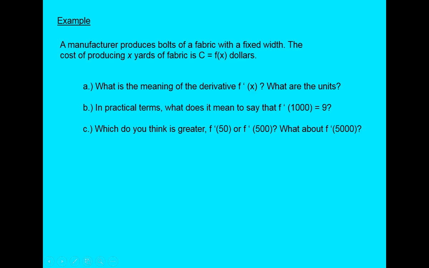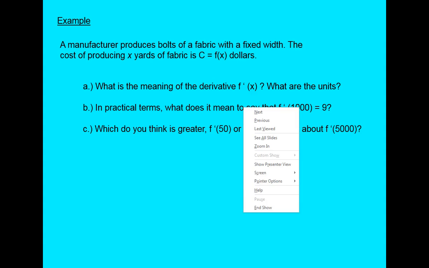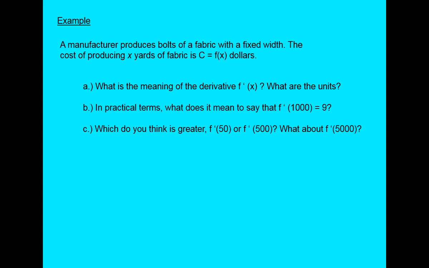Part b: in practical terms, what does it mean to say that f prime of 1,000 equals 9? Well, the derivative represents rate of change, so this is the rate of change of cost. What we're plugging into the derivative represents yards of fabric.